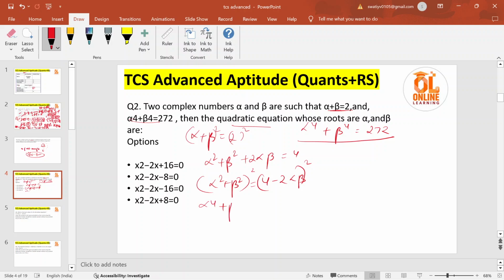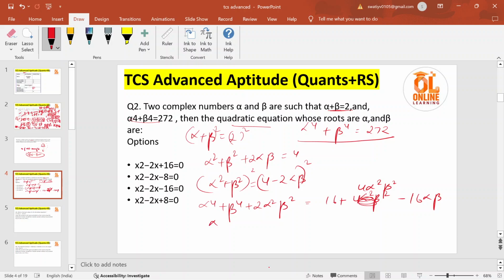So alpha power 4 plus beta power 4 plus 2 alpha square beta square is equal to 16 plus 4 alpha square beta square minus 16 alpha beta. Okay, guys, this is 4 alpha square beta square.